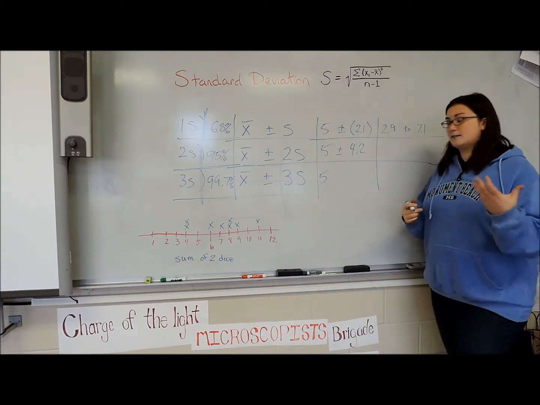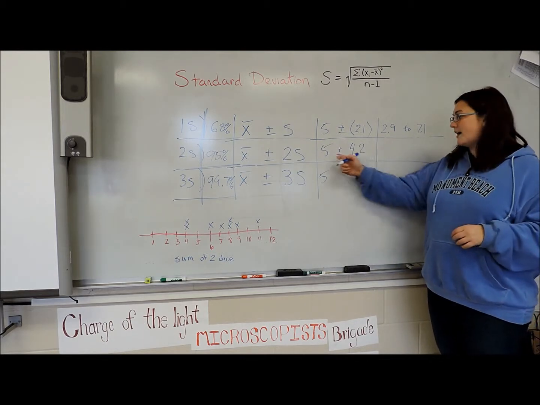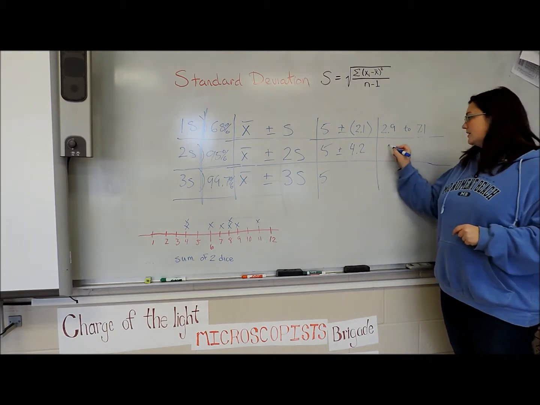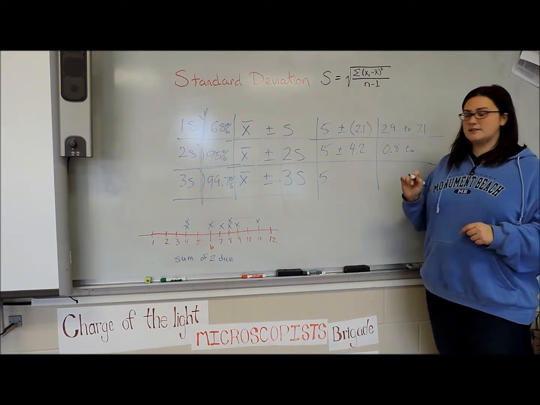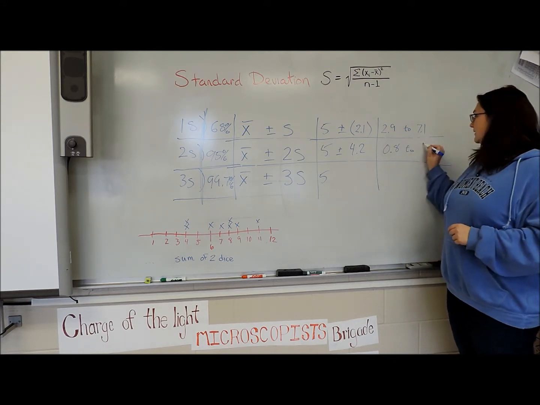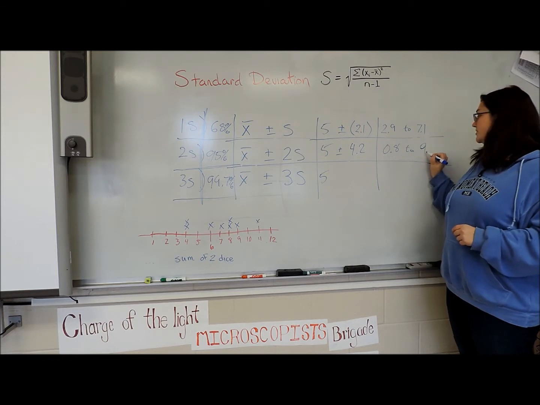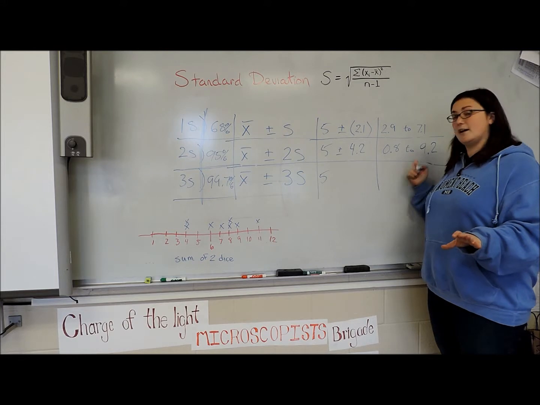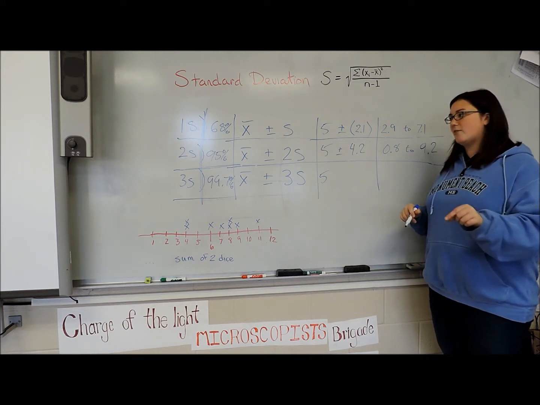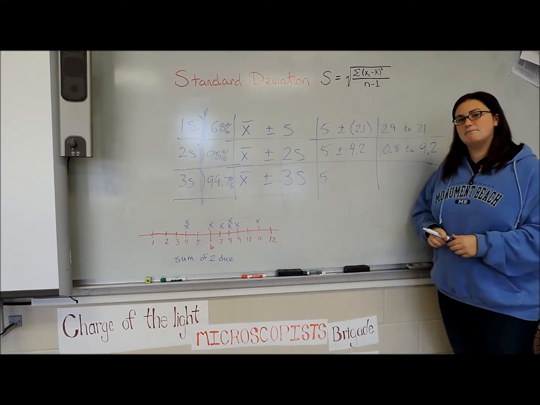Let's subtract first. 5 minus 4.2, we're going to get 0.8. And then the top of our range in this instance is going to be 5 plus 4.2, which becomes 9.2. Between 0.8 and 9.2, we'd have our answer 95% of the time.